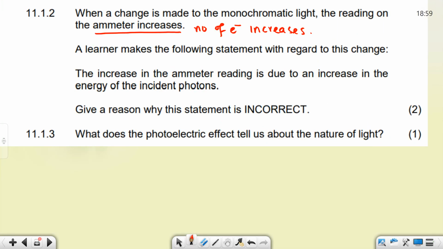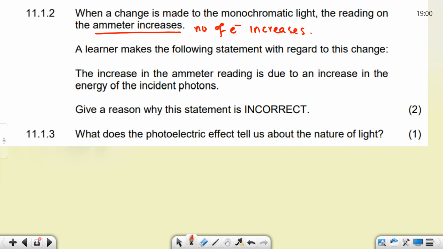And what does the photoelectric effect tell us about the nature of light? I actually answered that when I was introducing the topic. Can somebody quickly tell me? What nature of light?